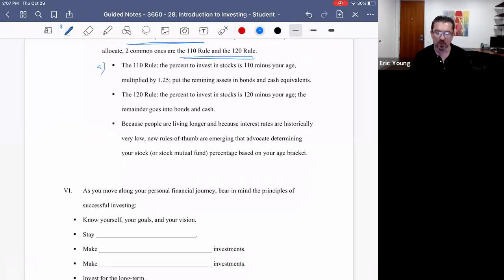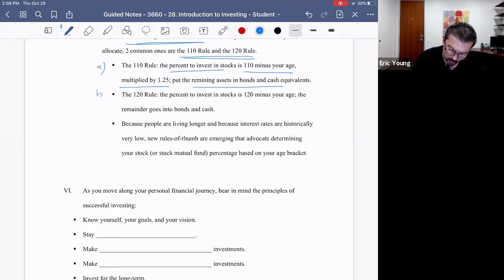With the 110 rule, to get the percent that you invest in stocks, you take 120, subtract your age, and multiply by 1.25. That should be the percentage of your portfolio in equities, AKA stocks or stock mutual funds. And then you put the remaining assets in bonds or cash equivalents, which are lower risk.